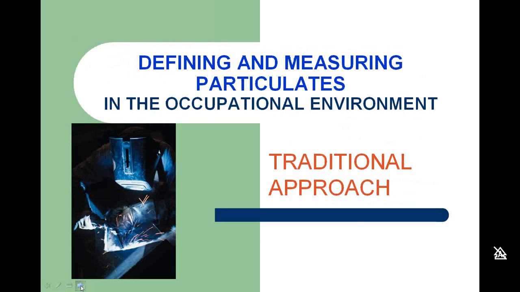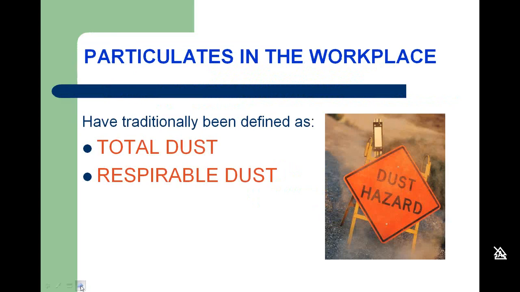Let's now look at how particulates in the occupational environment are defined and measured. We'll start with the older traditional definitions and samplers. Traditionally, particulates have been defined as either total or respirable dust.